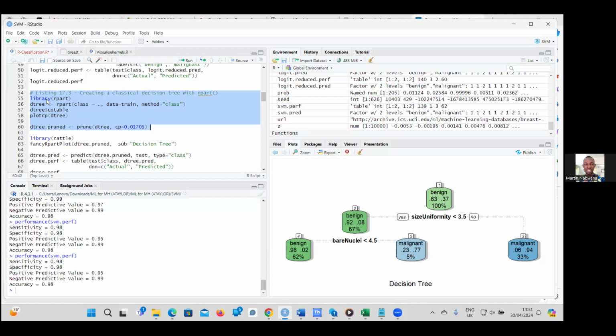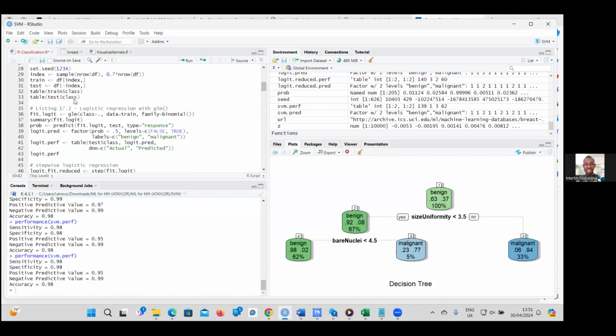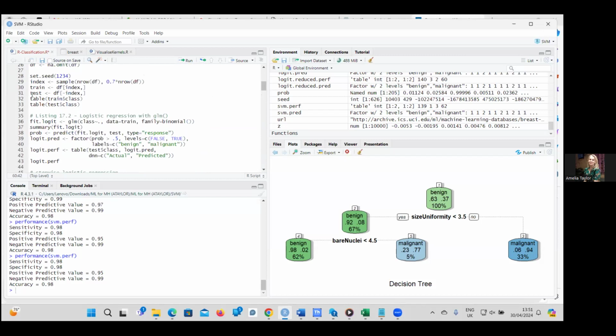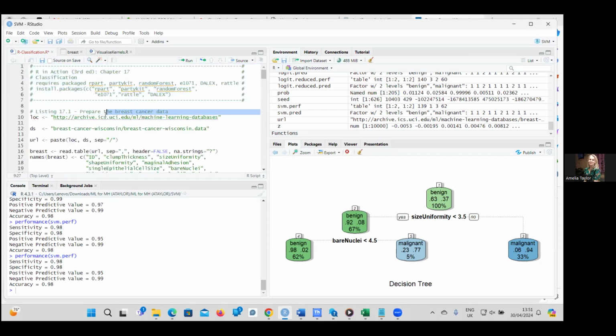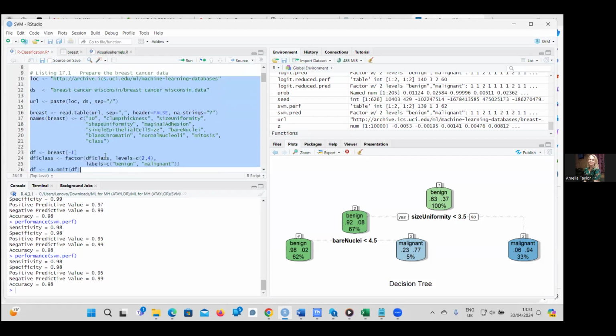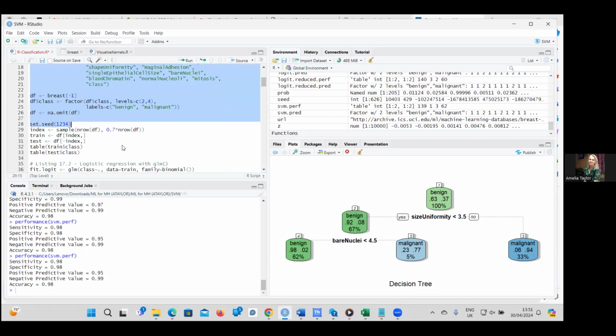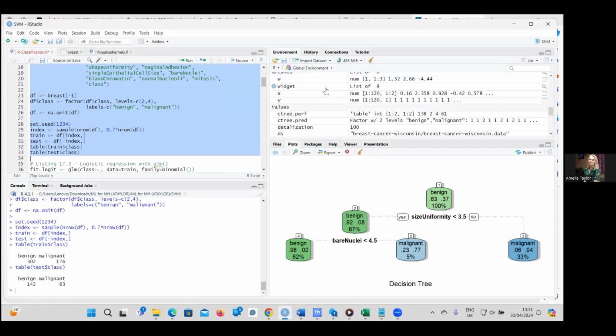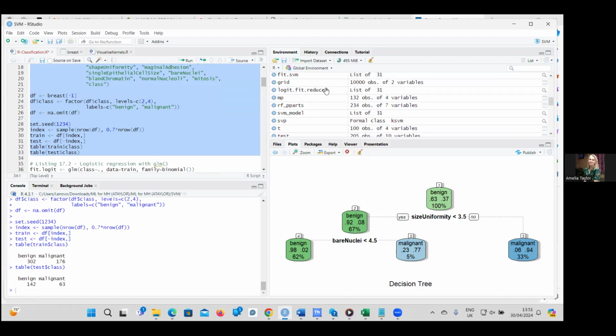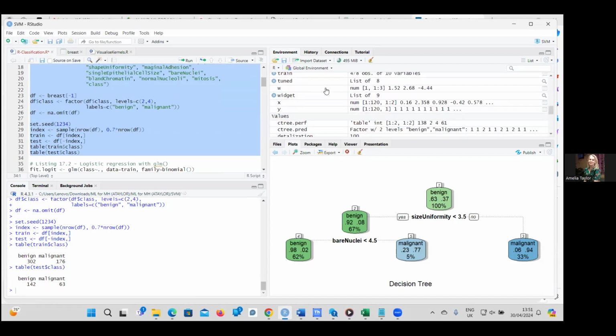So you can highlight this whole data aspect, loading your data and creating the train and the test, and then make sure that you have no errors and the data is in the data tab here in the environment.